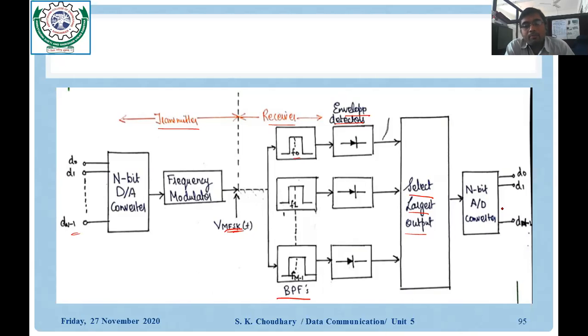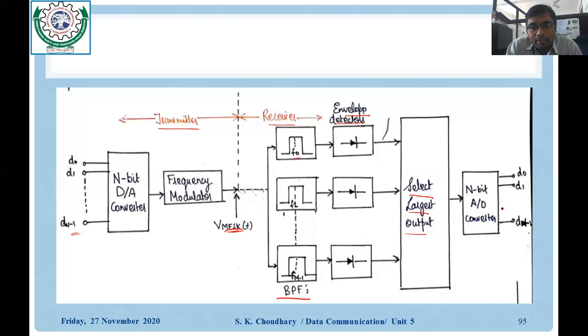So in this way we have taken the n bit digital signal bit stream and converted it into analog form, and then done its modulation with the help of the frequency modulator. As per the symbol's nature or voltage levels, its frequency would be modulated, and then the modulated FSK signal would be passed through the channel and received by the receiver, where M band pass filters followed by M envelope detectors are available.